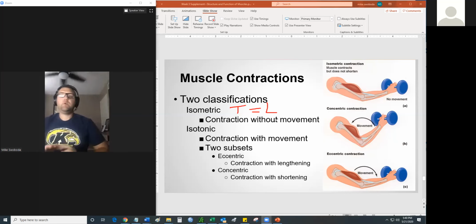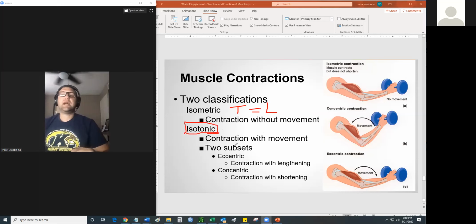The only way muscle movement occurs via a contraction is if the tension is greater or the load is greater than the tension. There has to be an imbalance between the two or else no movement occurs. Now, that happens when you have an isotonic contraction.